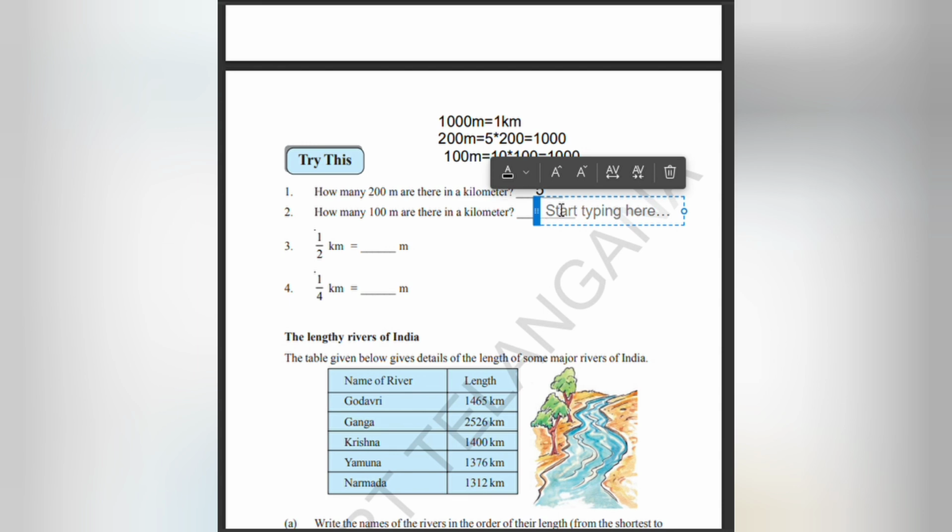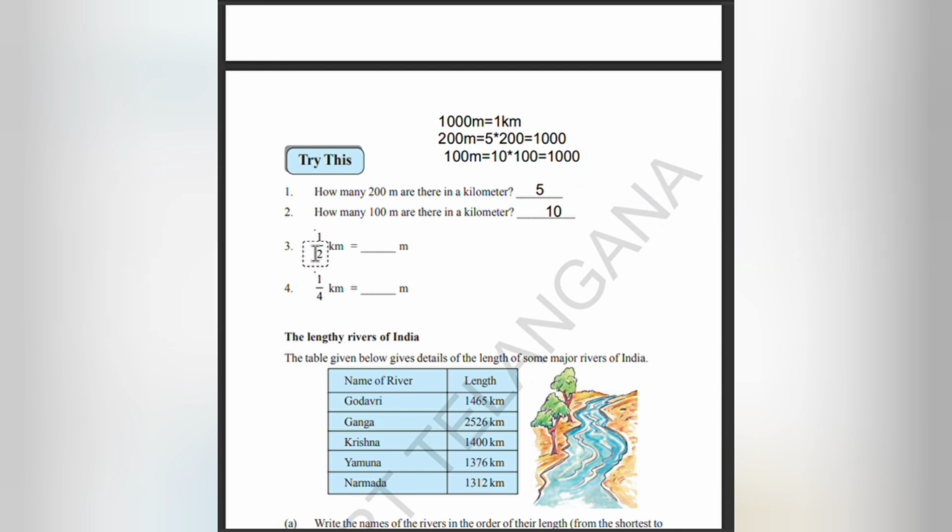So what we have to write here? 10. Okay. Half kilometer is equal to dash meters.